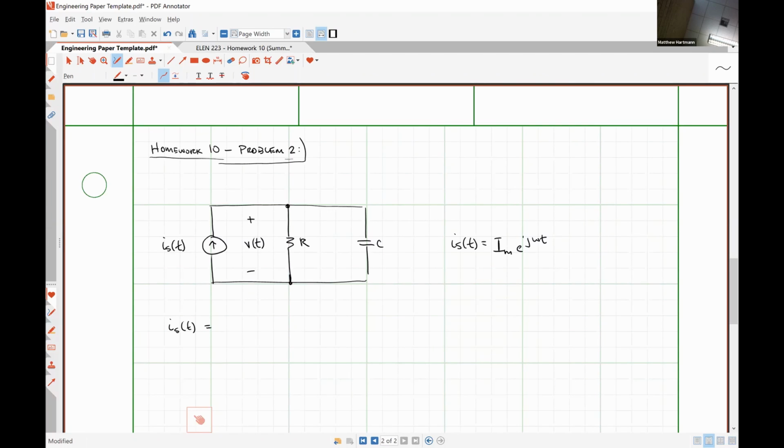So what's the current flowing down through the resistor expressed in terms of v(t)? v(t) over R. So let's call it 1 over R v(t), just to be clear here. And what is our current flowing down through our capacitor going to be? C dv(t)/dt.